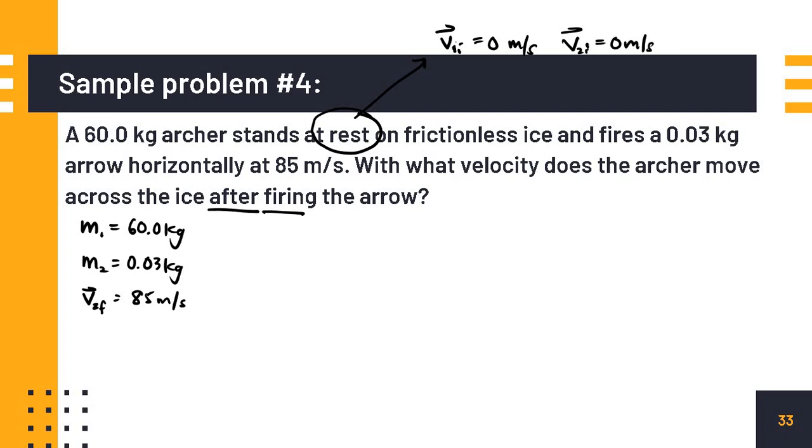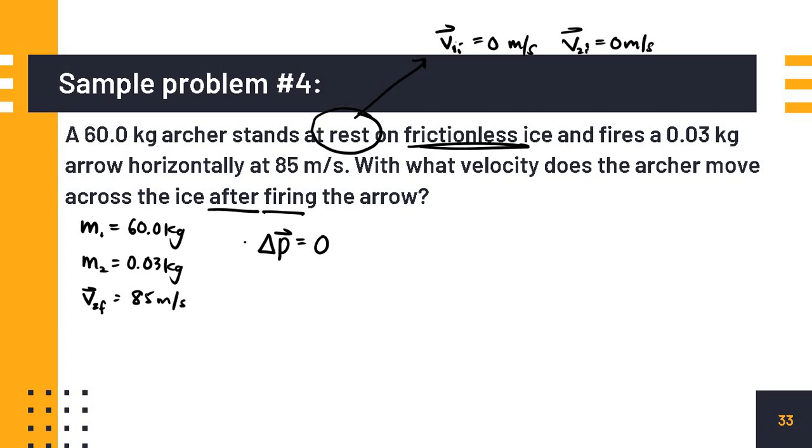Alright, now how do we solve this? It is mentioned in the problem that the archer stands on frictionless ice, so there are no external forces acting within our system. So if there are no external forces, it is an isolated system, and we know that in an isolated system the change in momentum is equal to 0.